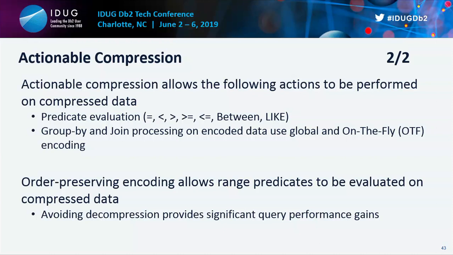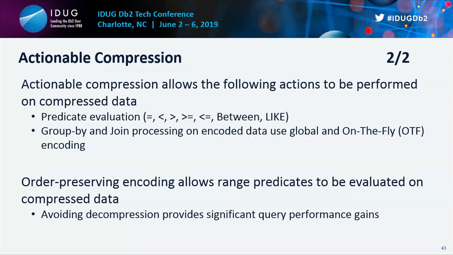Actionable compression. So we talked about this earlier. It is worth mentioning multiple times because it is one of the key parts to performance: predicates like equals, less than, greater than, betweens, and even some likes, like wildcards such as Smith star, those types of things, you can take what's coming in, compress it, and then do comparisons.